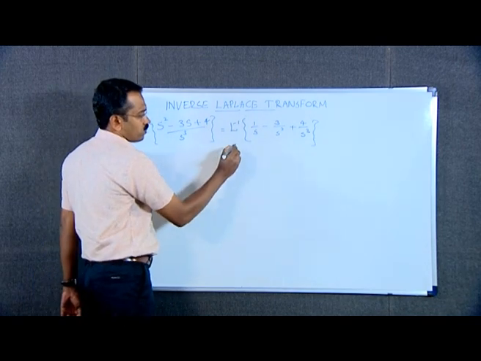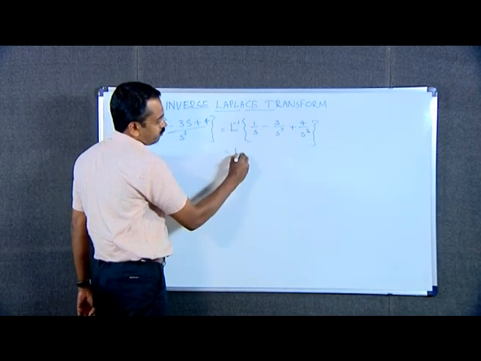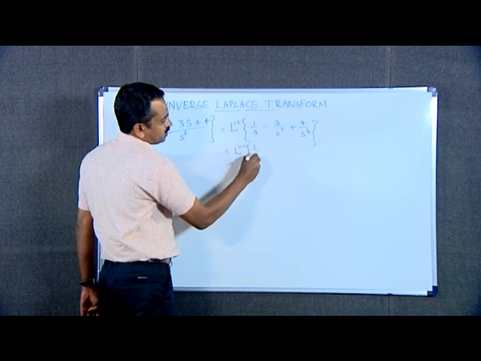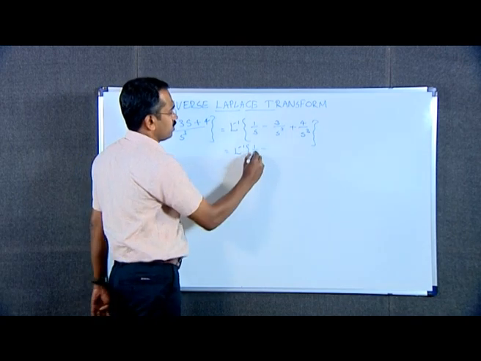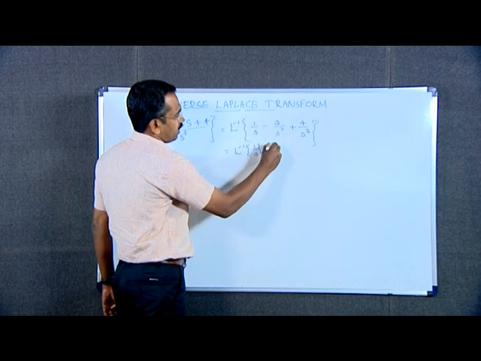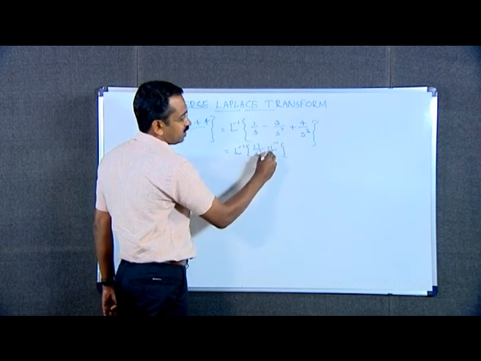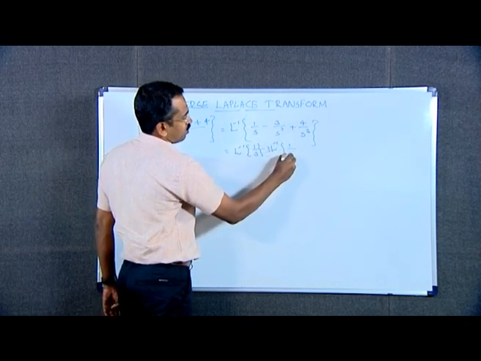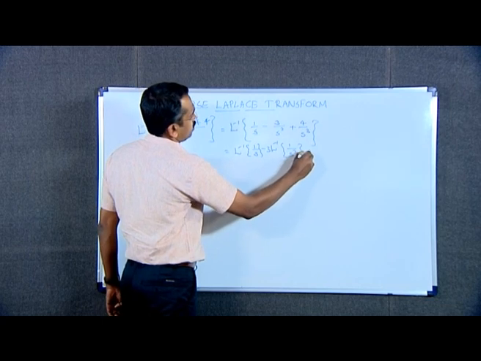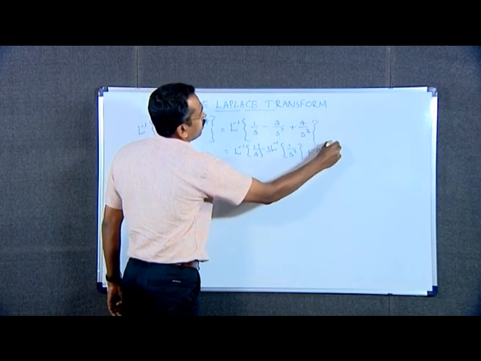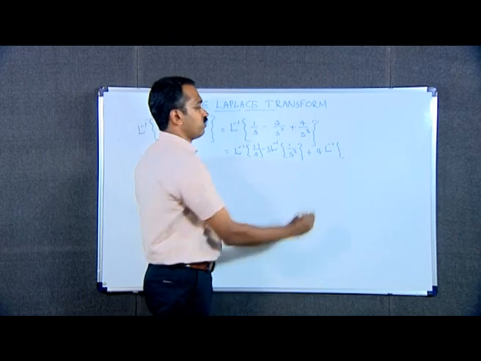This is equal to L inverse of 1 by s minus 3 into L inverse of 1 by s square plus 4 into L inverse of 1 by s cube.